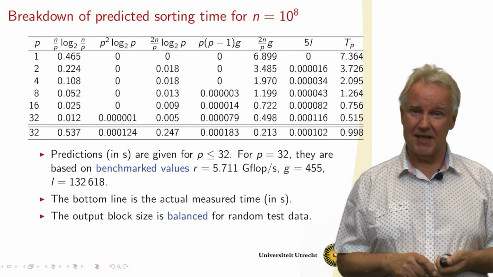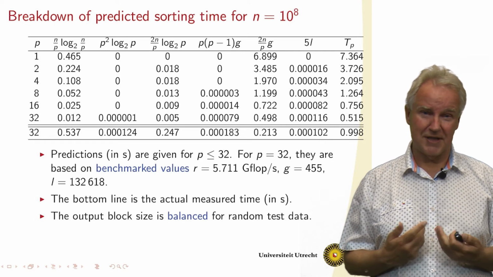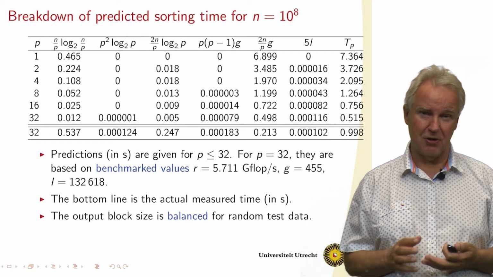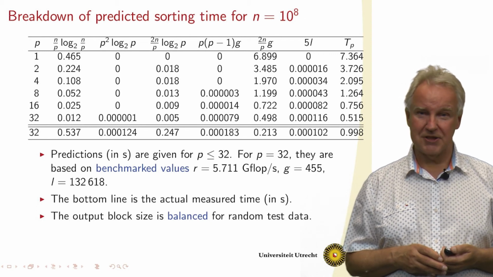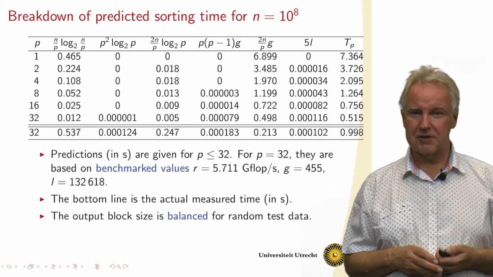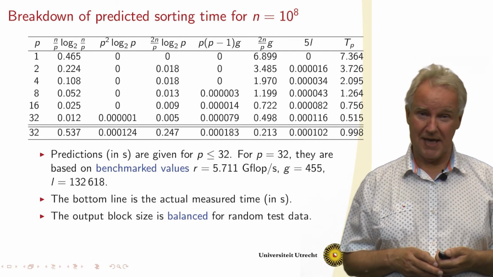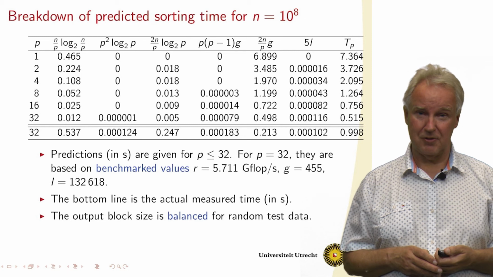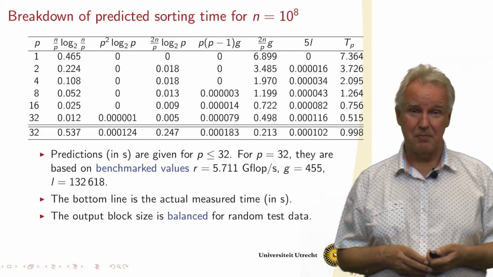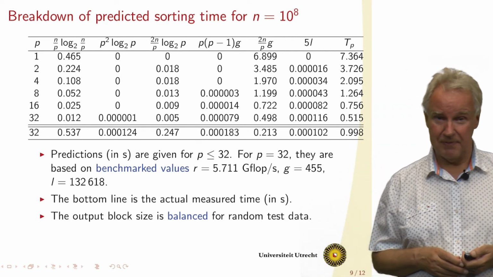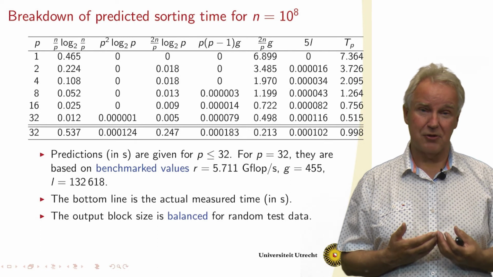And what you see here is the first 3 columns, they give the time for the computations. They are all kinds of sorting. And there you see that the predictions do not fit very well with the actual measurements. The bottom line is the actual measurement on the computer. And the reason is that the benchmark rate r is measured for efficient vector operations.